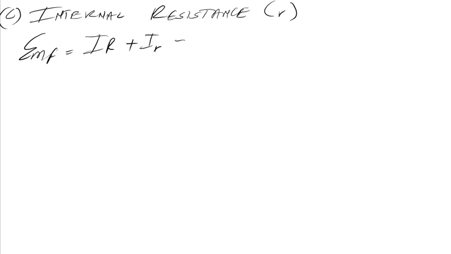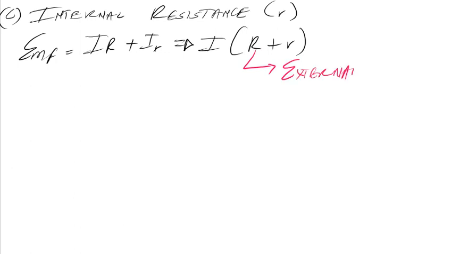So you can simply say I is the common factor, then you say R plus r. Remember this R is for the total external resistance.